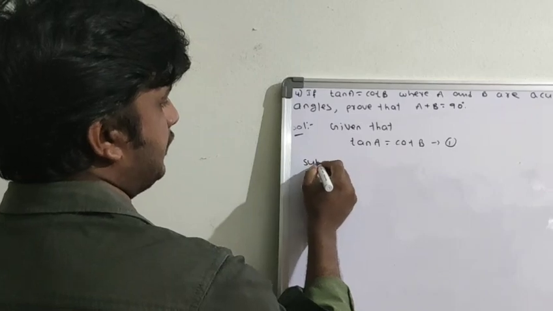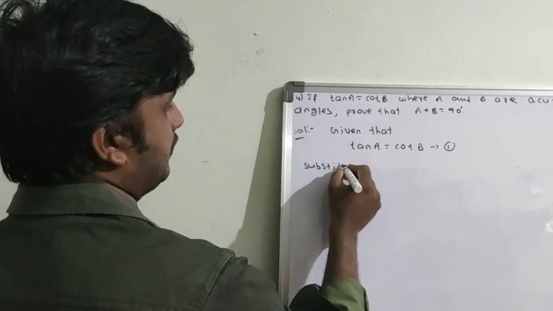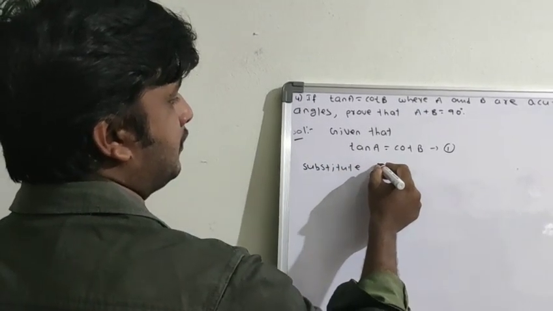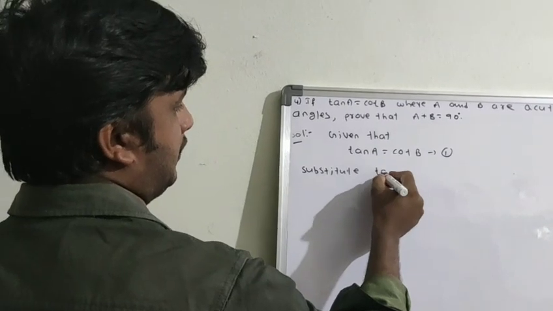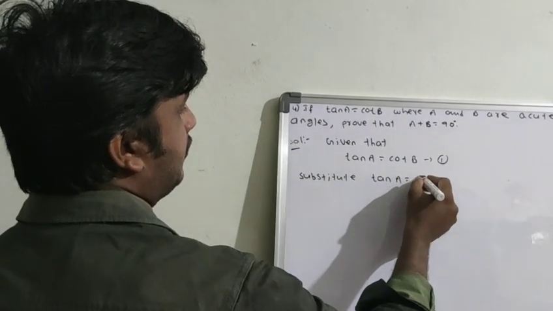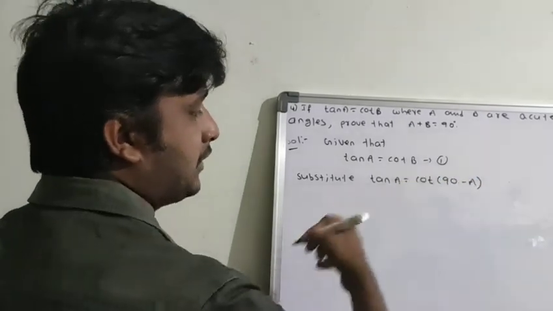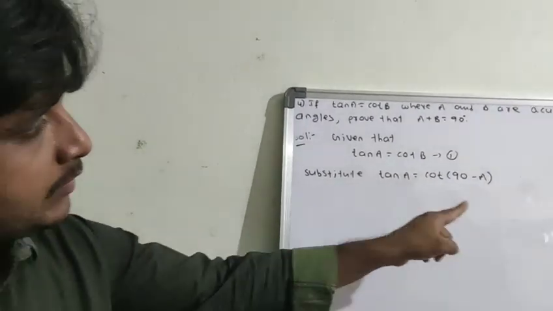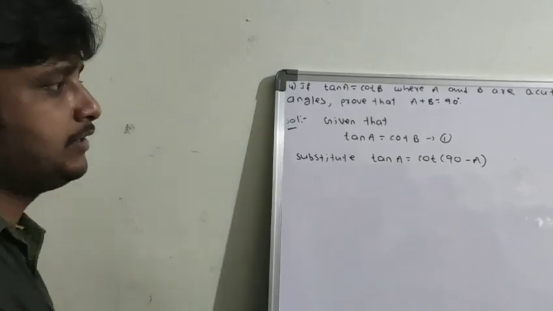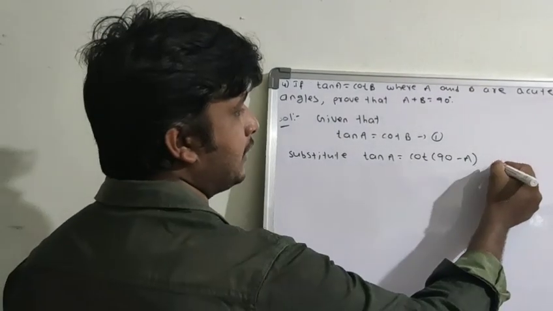Substitute tan A equal to cot 90 minus A, because cot 90 minus A is tan A only. Substitute tan A equal to cot 90 minus A in equation 1.